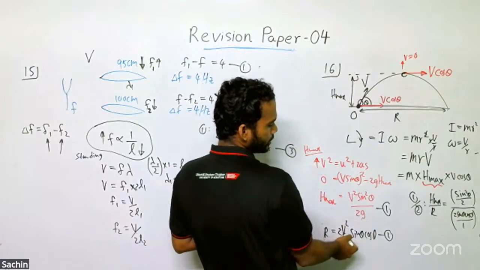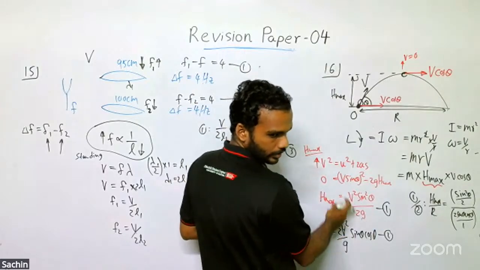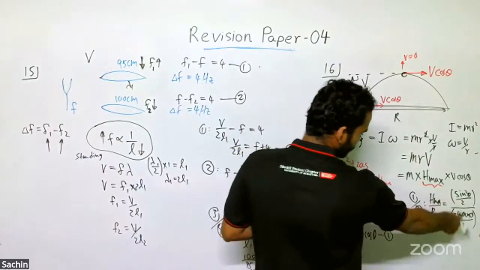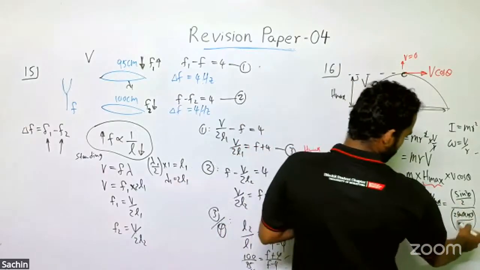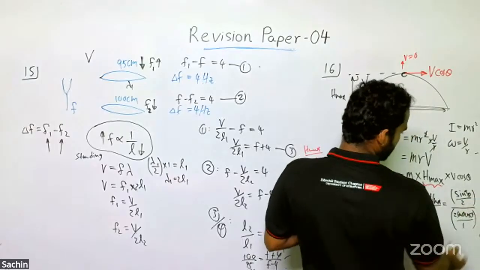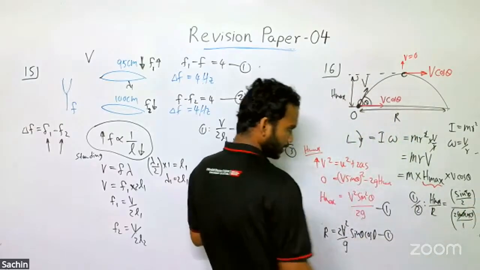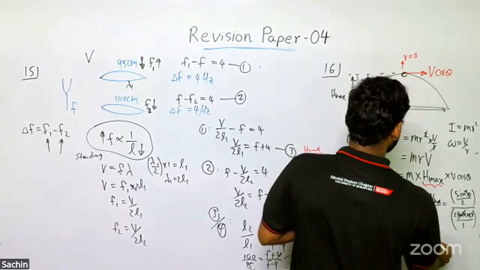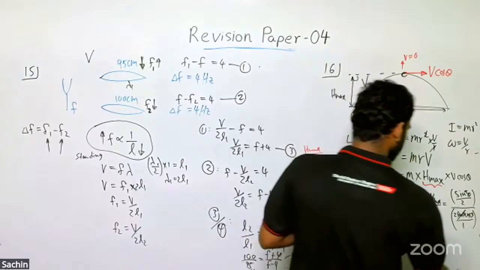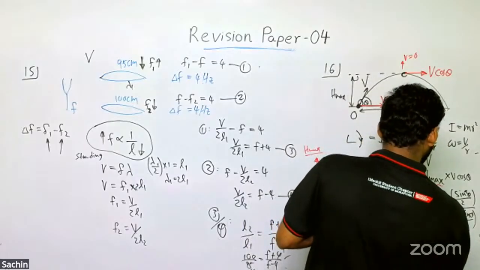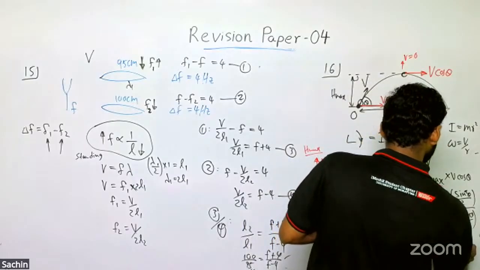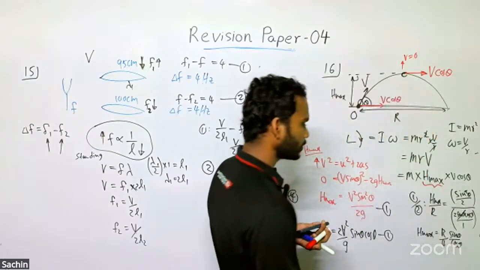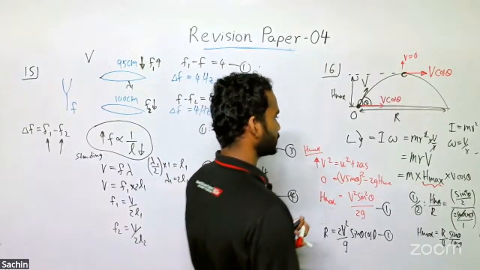V squared over g is there in both expressions, so when you divide them, v squared over g will be cancelled. All the other terms will be there. Now again I can cancel a sin theta in the numerator and the denominator. So I get H max is equal to R over 4 sin theta over cos theta.